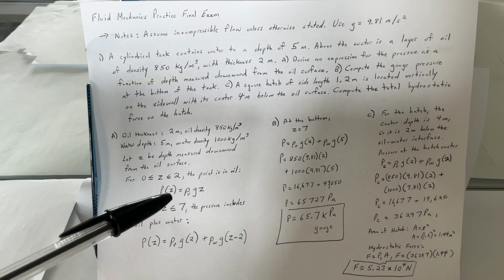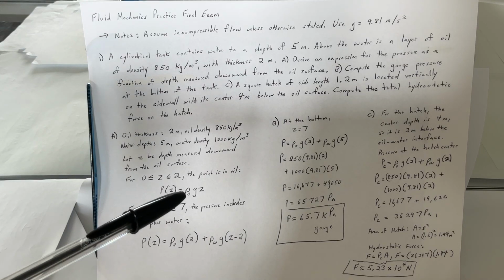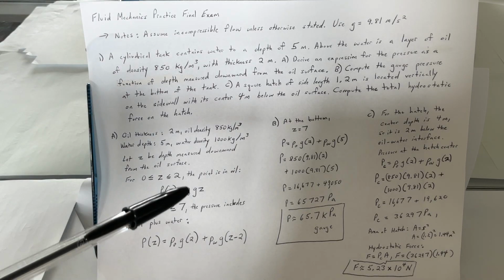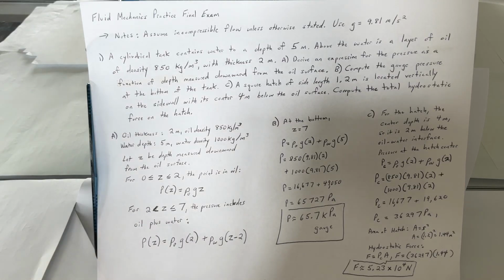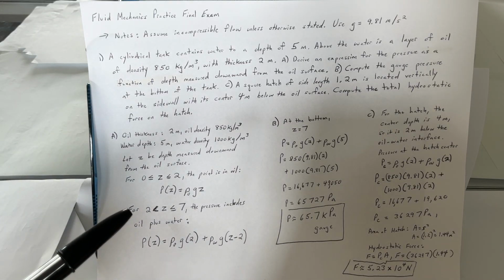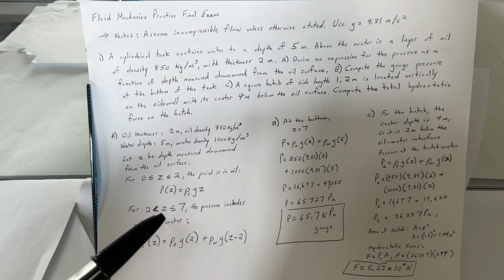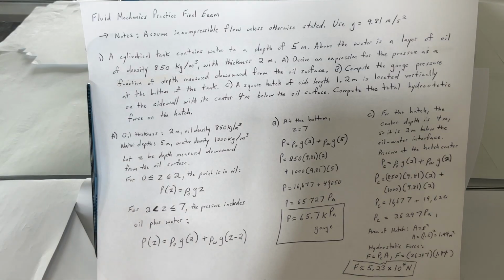So we're going to say P of z is this density rho naught g z. So for this interval, 2 is less than z is less than or equal to 7, the pressure includes oil plus the water.